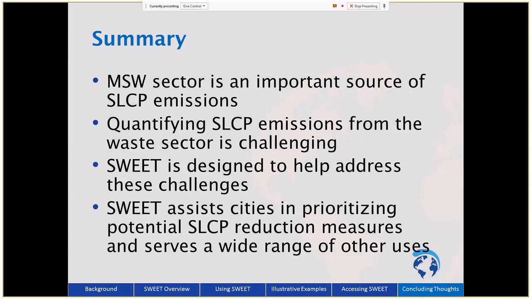The suite tool is designed to help address these challenges so that we can begin to think about best opportunities for mitigating the impacts of the waste sector on methane and black carbon emissions and the associated impacts on health and climate. And lastly, the tool assists cities in prioritizing potential reduction measures and can serve a wide range of other uses, like I said, things like benchmarking and assessing performance and informing decision-making about capital investments.